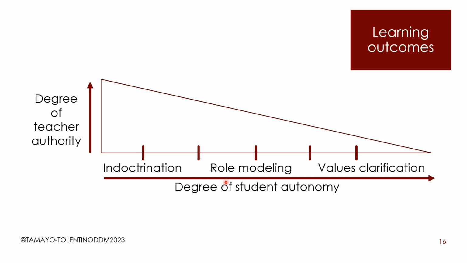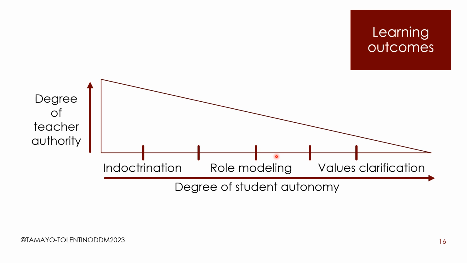In role modeling, we show them how to act, how to dress, to be professional. We demonstrate to them how to exemplify a particular behavior so that they will do the same. In the same manner, they will see how important it is because we are doing it ourselves. In values clarification, we let them decide on their own.